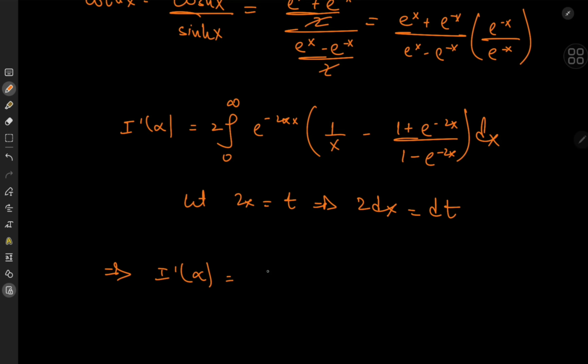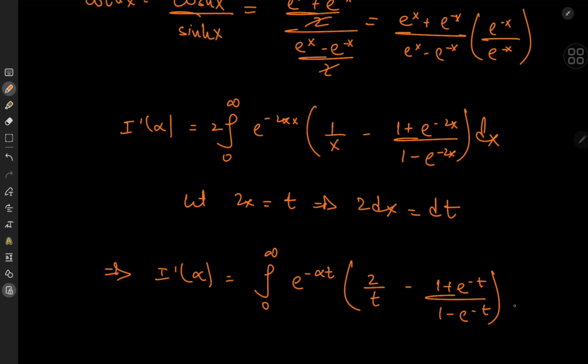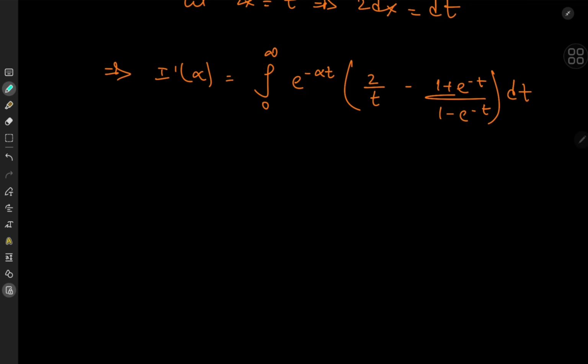yeah, that's convenient. Integral 0 to infinity e to the negative alpha t times, okay, so x equals t over 2, so that means we have 2 over t over here, minus 1 plus e to the minus t over 1 minus e to the minus t dt. This is where the fun stuff actually begins, and it starts fairly simple by multiplying out this exponential term.